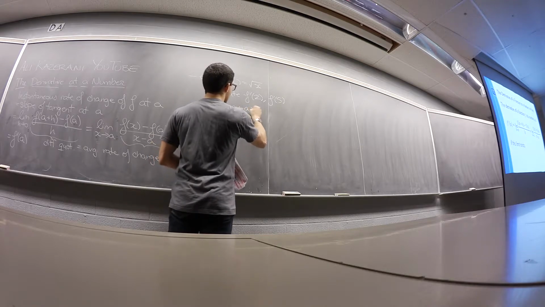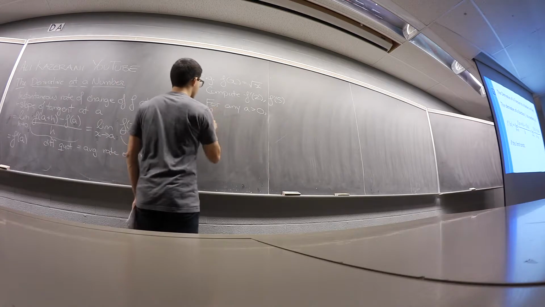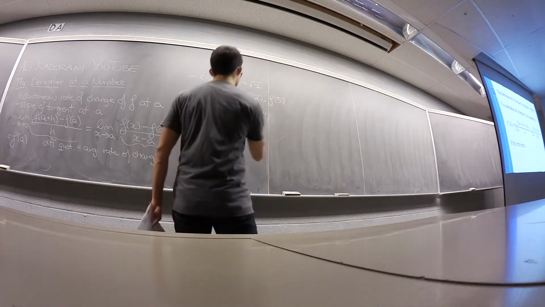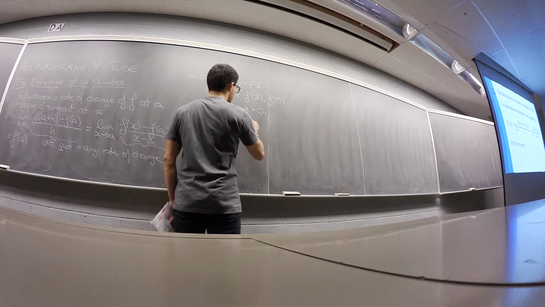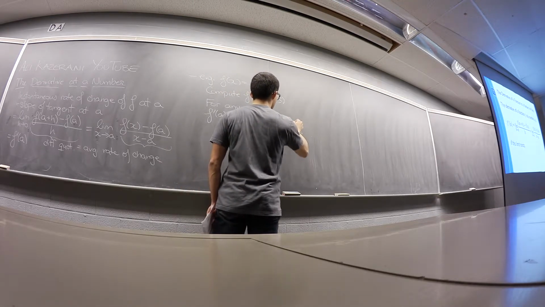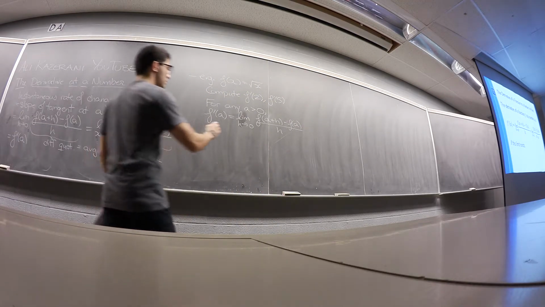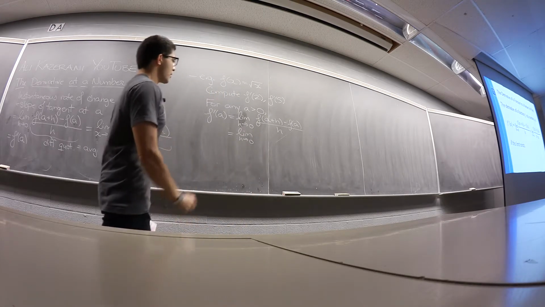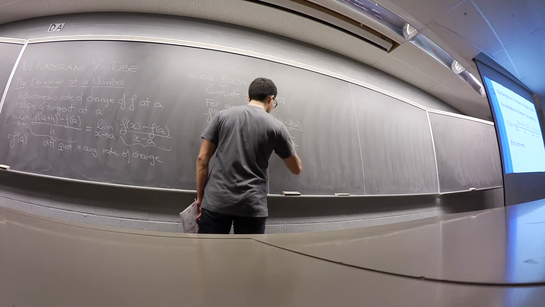For any a greater than 0, let's do this. F prime at a is equal to, let's use the first definition. The limit as h approaches 0 of f at a plus h minus f at a all over h. And just plug in. It's the square root function we're talking about. The square root of a plus h minus the square root of a all over h.